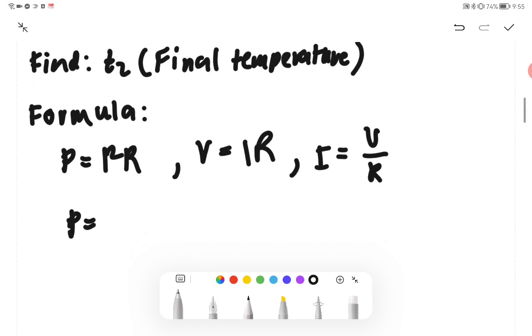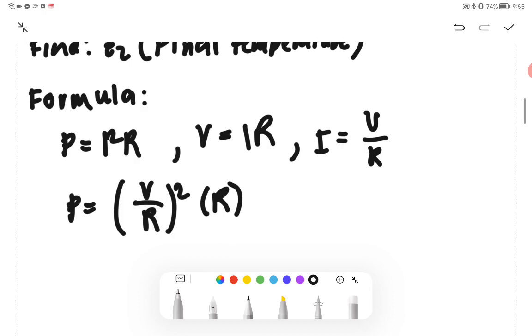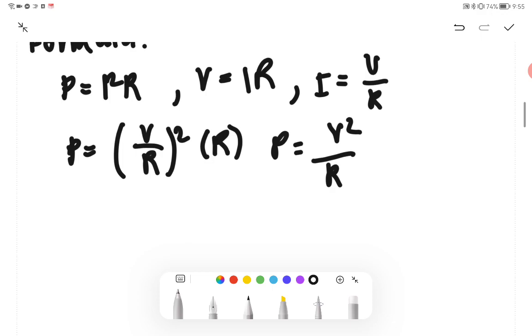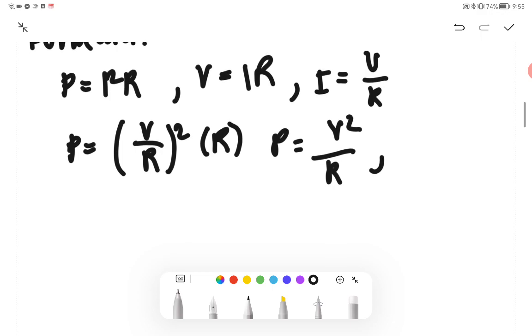We have P is equals to (V over R) squared multiplied by R. So we will have P is equals to V squared over R. So therefore, I can also say that R is equals to V squared over P.